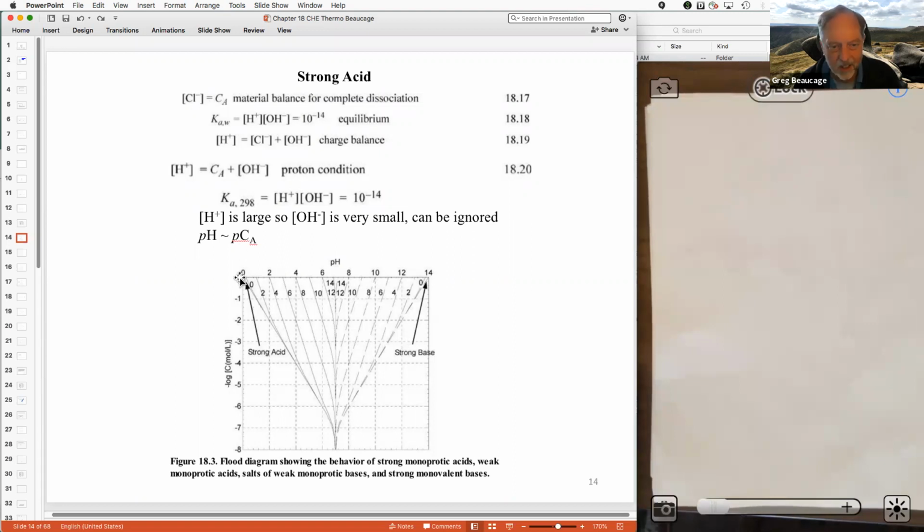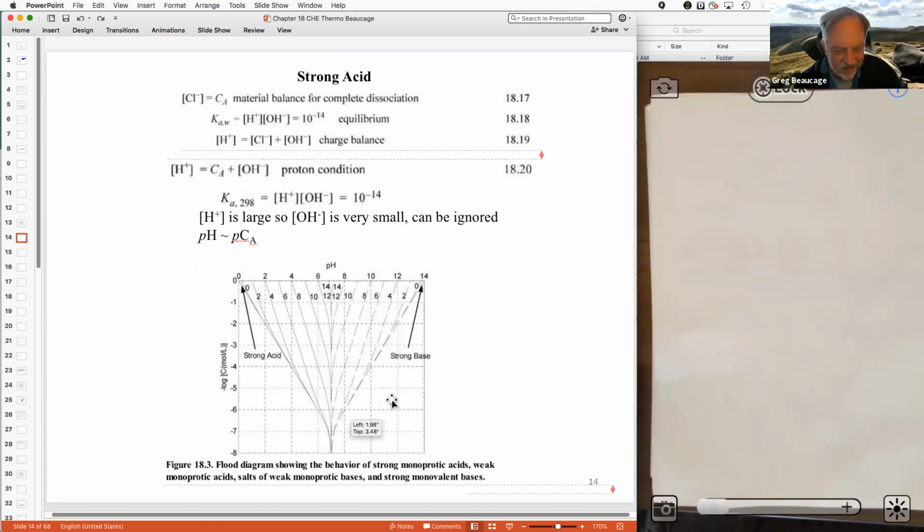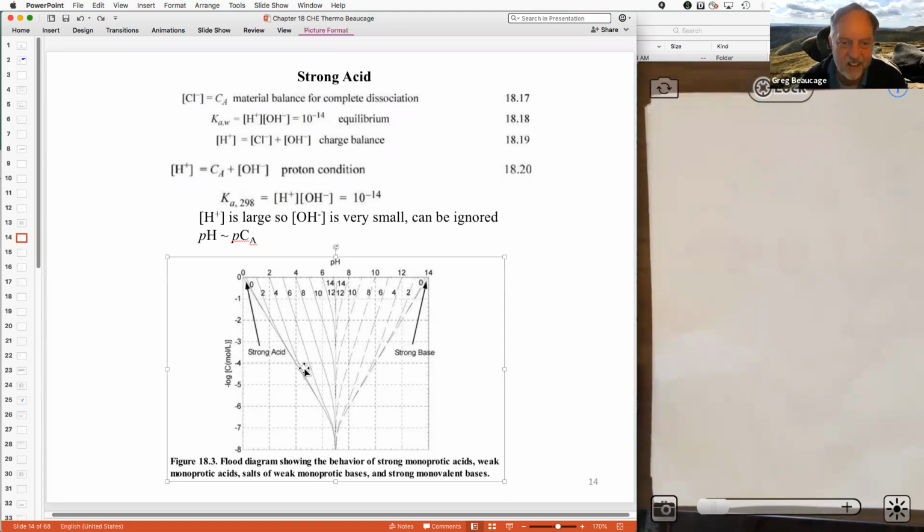But if you have a weaker acid, let's see, that's not right. The strong acid, the H plus is going to be bigger than that proportionality, but the OH is going to be proportional. Sorry, this is important to get, because this is basically the chart that we have to make. So you get that proportionality on the side of the weak part.